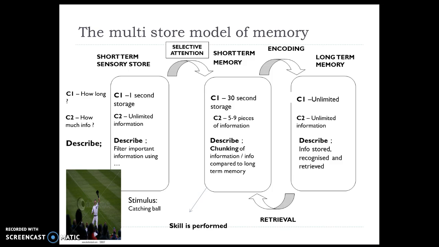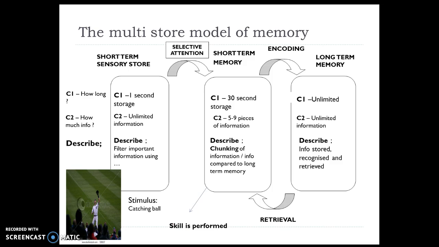Your long-term memory will have all the different motor programs of catches that you've done before. If you can recognise the flight path, so the new information, it's recognised in your long-term memory. The long-term memory's role then is to retrieve the catch motor program to the short-term memory, and from there the skill is performed, e.g. you catch the ball.